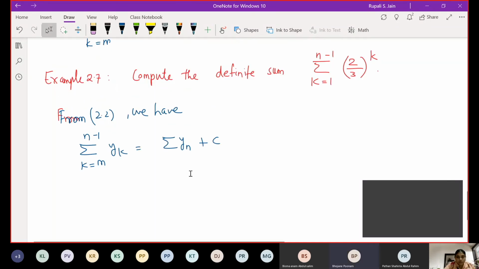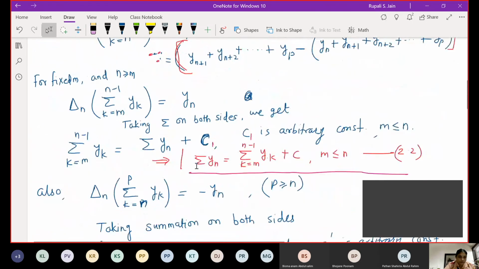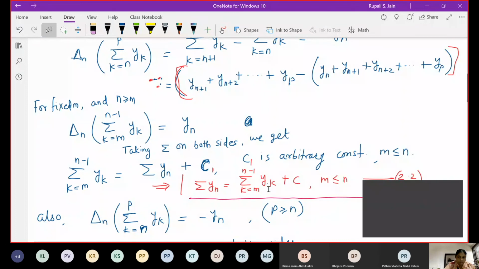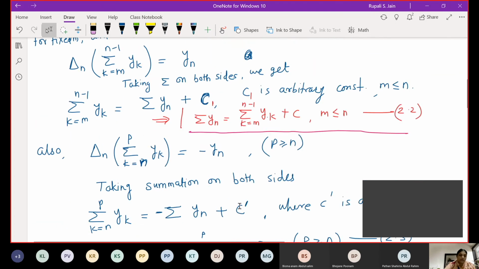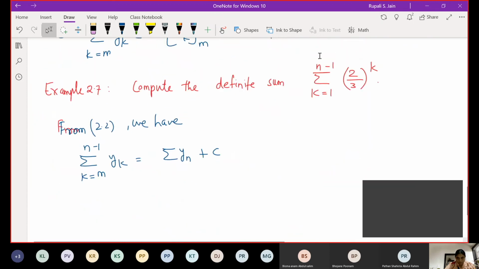So this relation I am using, either this or this 2.2. So definite sum in terms of indefinite sum, or indefinite sum in terms of definite sum. Now in this example I want to calculate the definite sum, k is equal to 1 to n minus 1. So I am writing the definite sum in terms of indefinite sum. So what will I get?